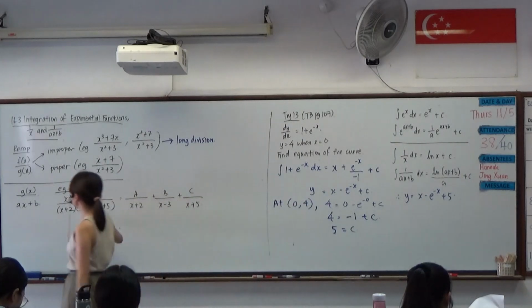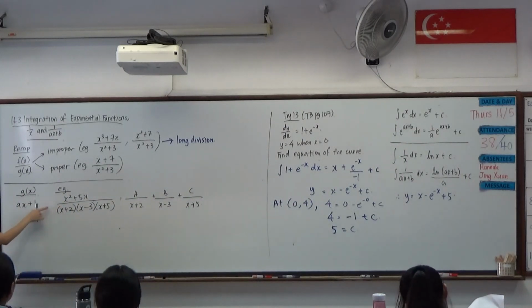This one is a proper fraction, because this one is power 2, this one adds up to a power of 3, so the degree at the bottom is 3.